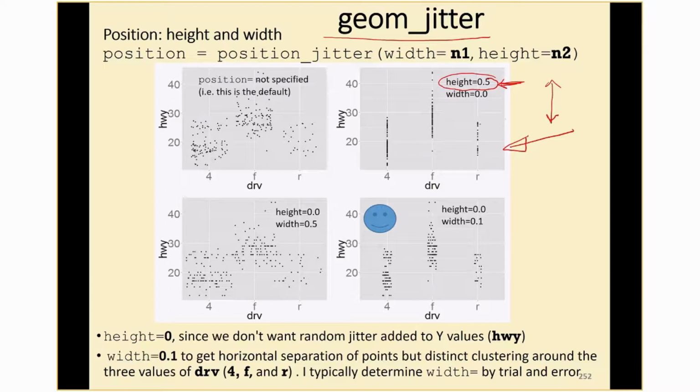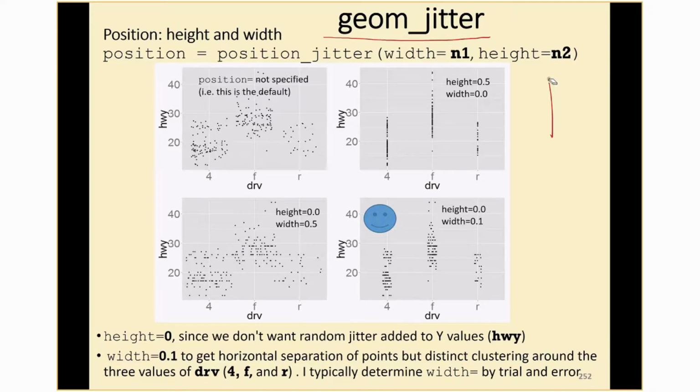So each one of these values of highway mileage is going to have some random up and down variability associated with it. And that's exactly what we don't want, because for each one of these dots, we want the y location to exactly reflect highway mileage. So we don't want to insert any variability in the vertical direction.